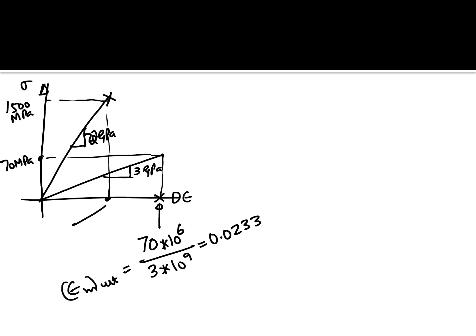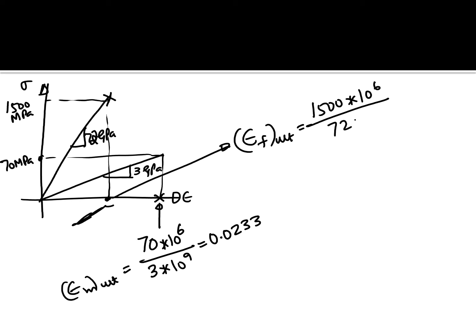So epsilon f ultimate will be equal to the ultimate strength of the fiber divided by the Young's modulus of the fiber, and that number turns out to be 0.02083, and this number here is 0.0233.